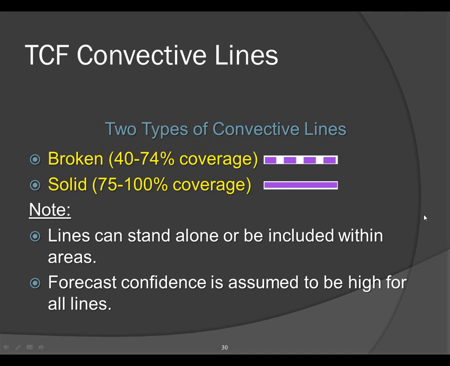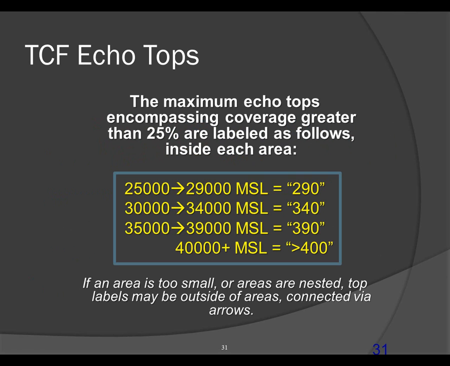And there are 2 different types of lines, either broken, 40 to 74% coverage, and then solid, between 75 and 100% coverage. And the lines can stand alone or be included or embedded within areas. The number that you see associated with each area is the height of the maximum echo tops in that area.